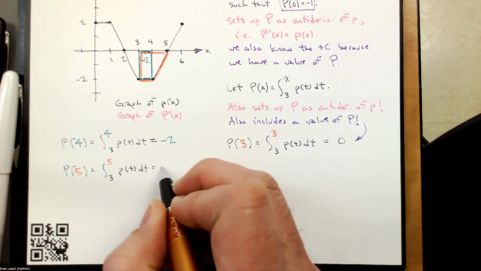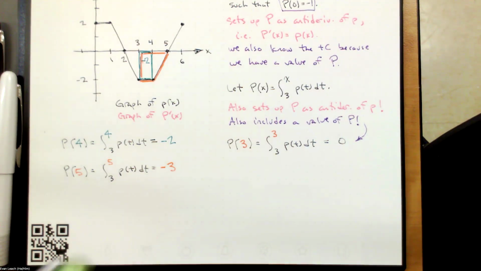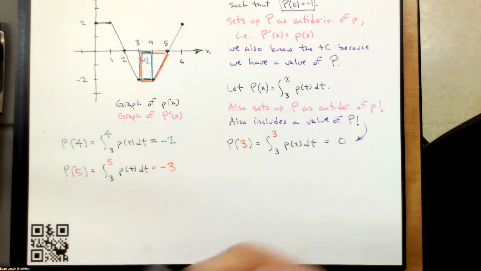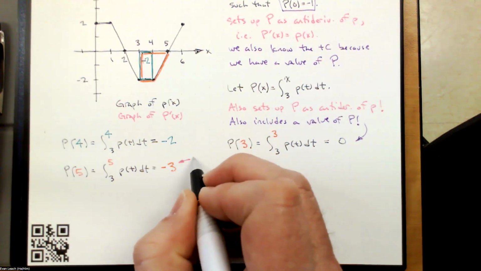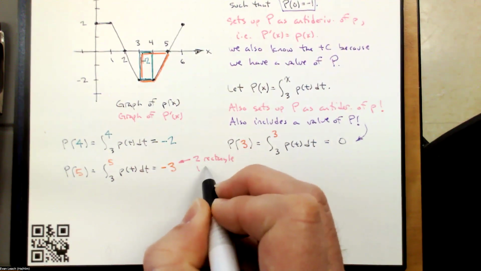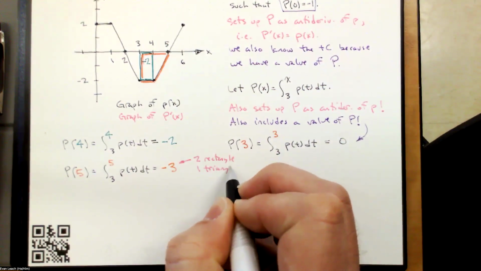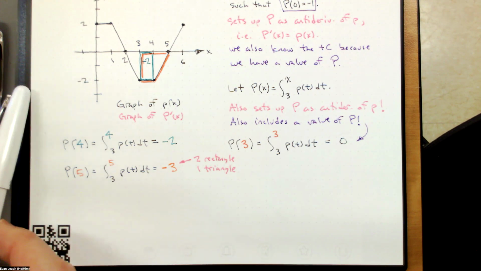So a total of -3. So this is going to be 2 for the rectangle, and 1 for the triangle. This 2 up here is just 2 for the rectangle.